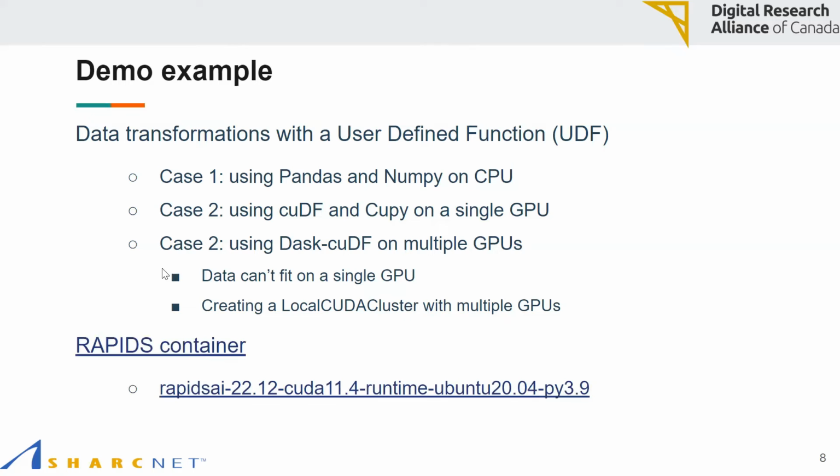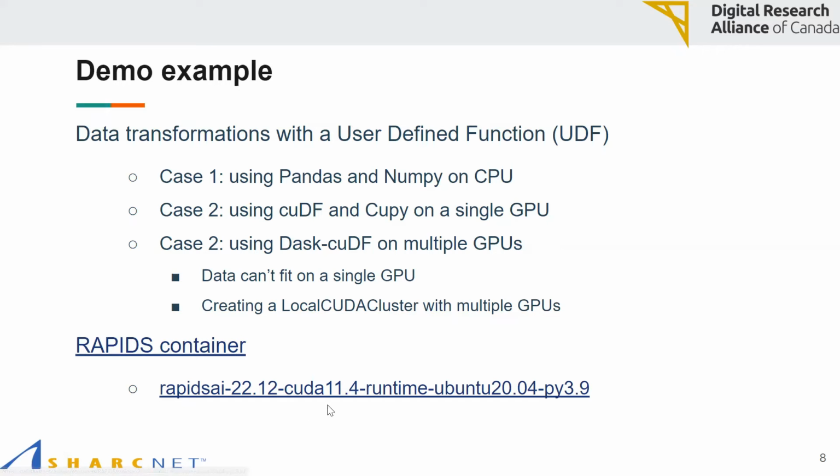So yeah, we will be using a Rapids container that I built based on a Docker container from NVIDIA with these combinations. It's Rapids version 22.12. So it was released December last year. It's the most recent version. Okay.